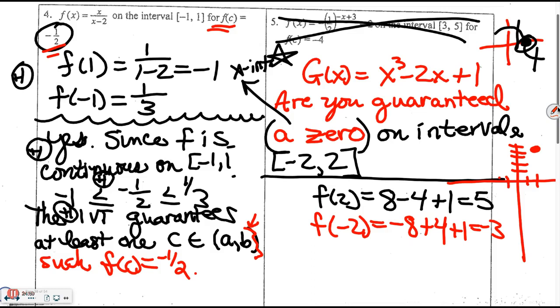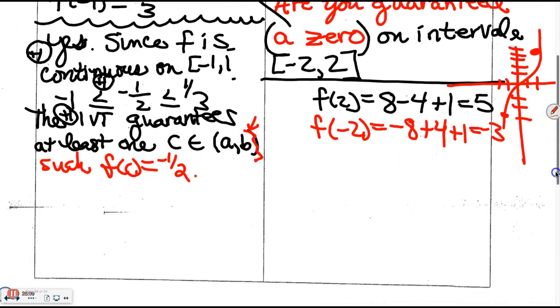So at -2, I'm down at -3. Wouldn't you agree that if this is continuous, I have to cross the x-axis? Because you can't have a sign change from positive to negative without hitting 0. Should make sense, right? So that's 1 point.